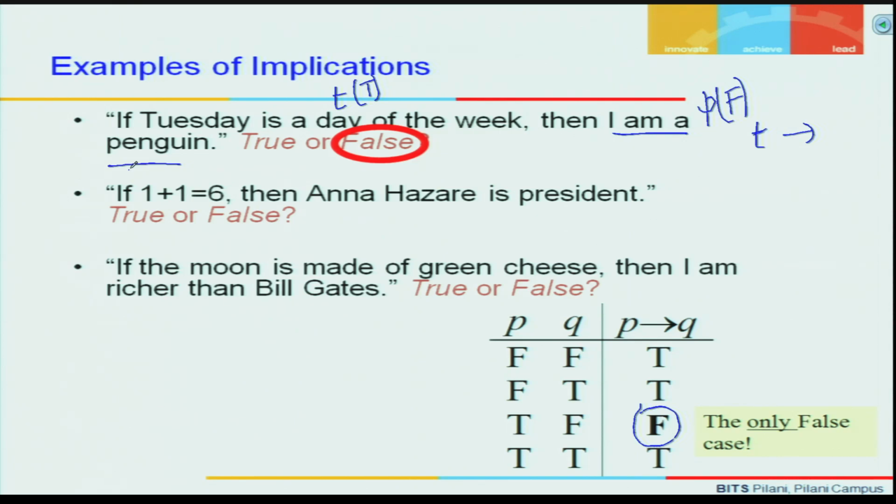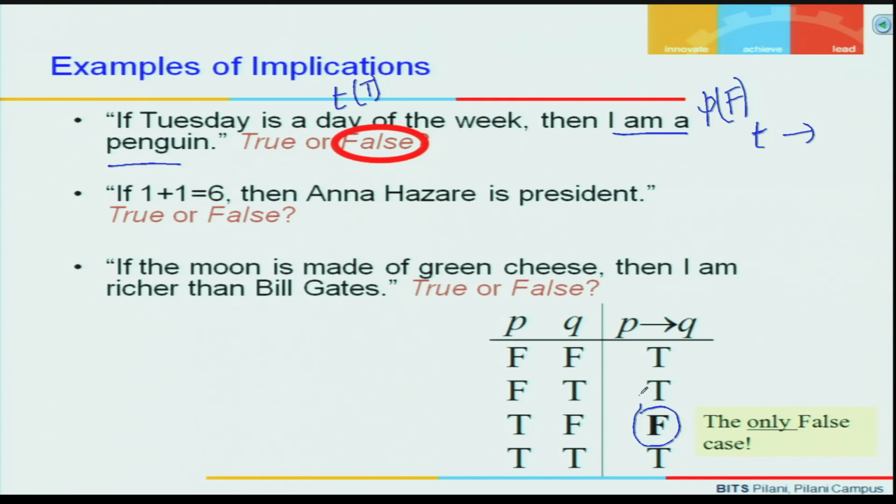because the first proposition has true as its truth value and the second proposition has false as its value. When you have the first proposition true and the second false, you get the resultant truth value as false.